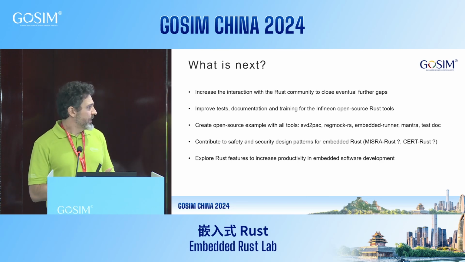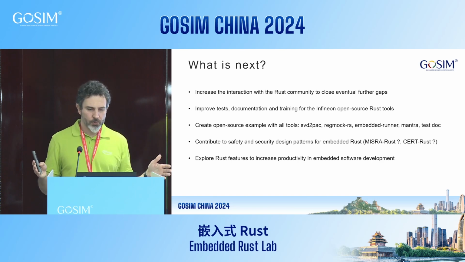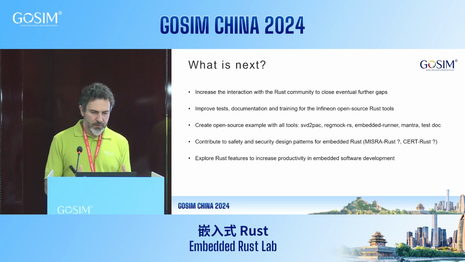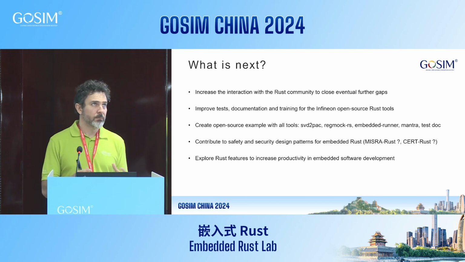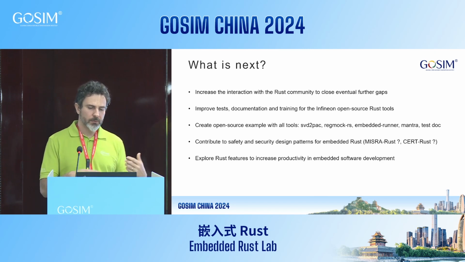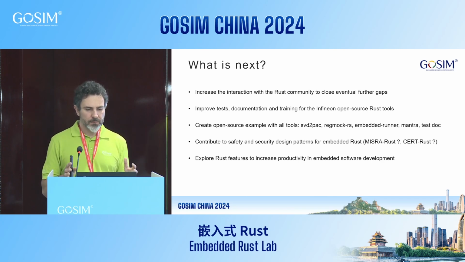One other thing that we were discussing: okay, now we have the basic tools to start developing. Now we need to have the same infrastructure, or the same ground base, to develop embedded systems for security and safety in the right way, let's say.